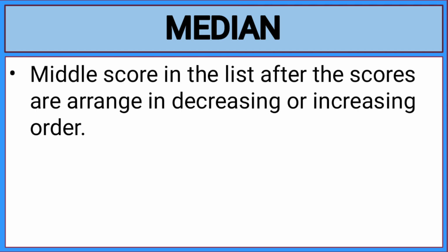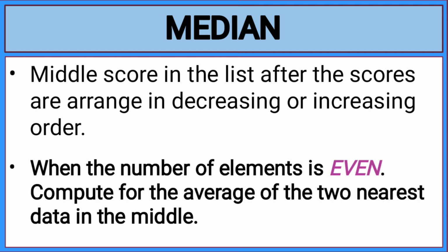So don't forget that when you're going to get the median of the given distribution, you need first to arrange the data from highest to lowest or lowest to highest. And then when the number of elements is even, say we have 4 elements or 8 elements, we need to compute the average of the two nearest data in the middle.